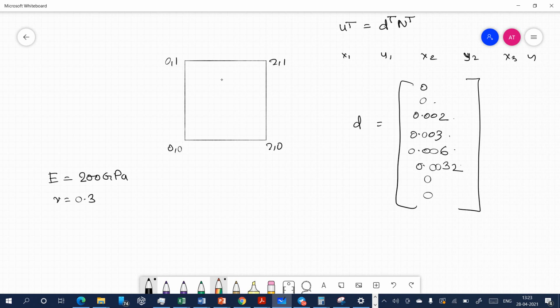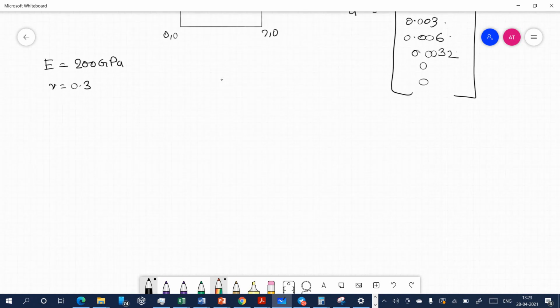So first of all, we need to find out the value of the strain. In order to find out the value of strain, we need to find out B matrix into D matrix, and B matrix is A into G, so we need to find out A matrix and G matrix. So let us make A matrix first.